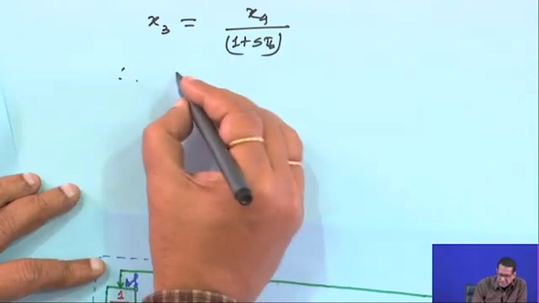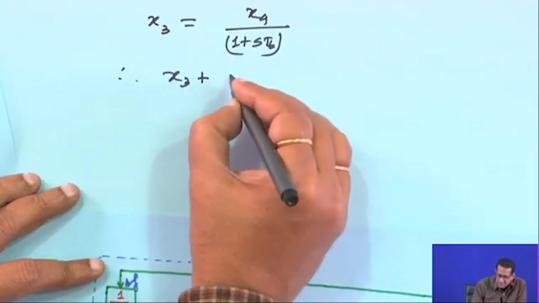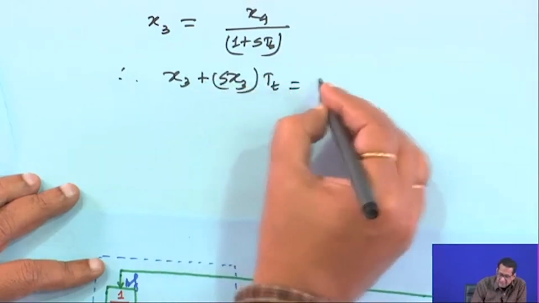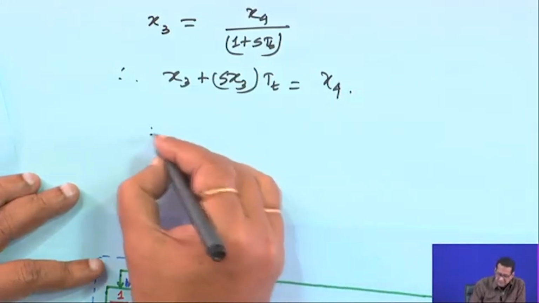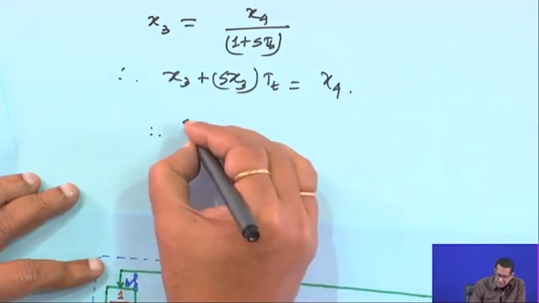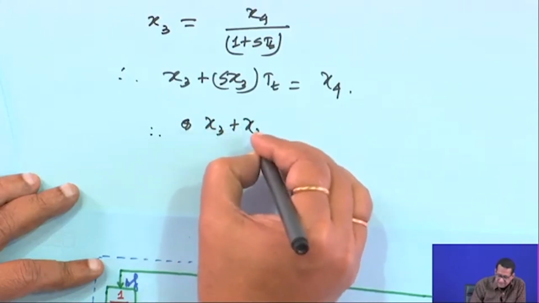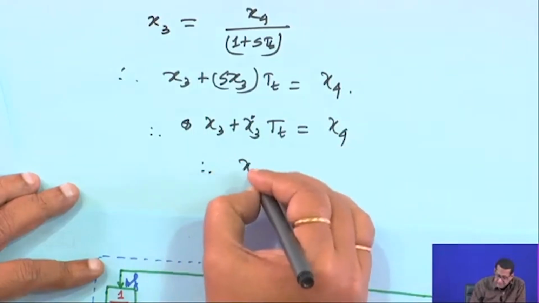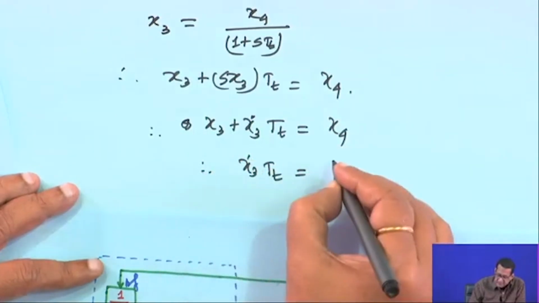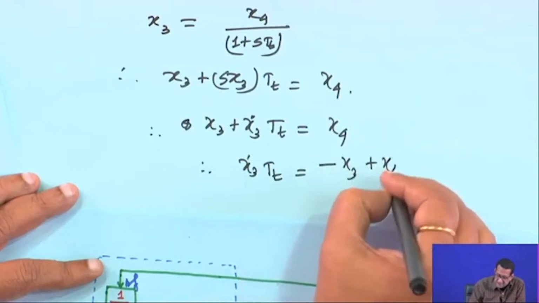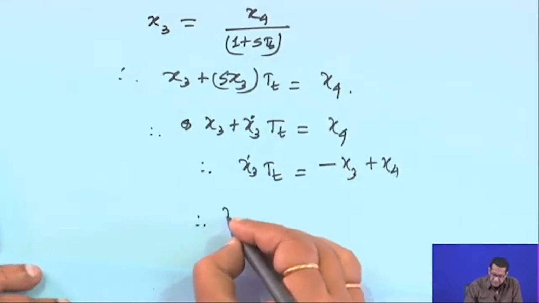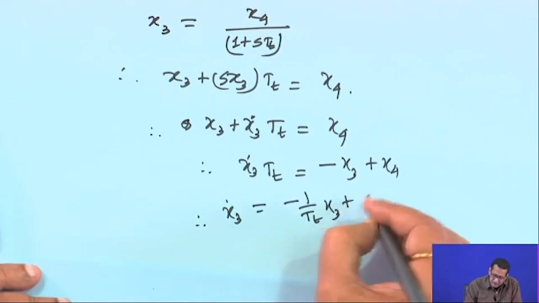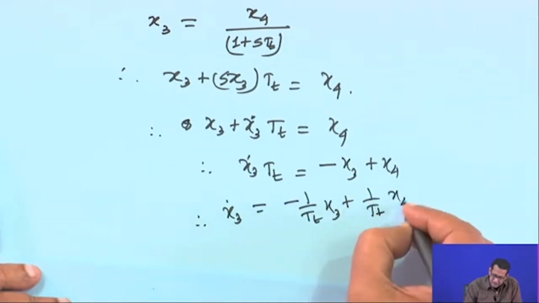Then go for cross multiplication again: x3 plus S x3 into Tt is equal to x4. S x3 is x3 dot, so x3 plus x3 dot Tt is equal to x4. That means x3 dot Tt is equal to minus x3 plus x4, so x3 dot is equal to minus 1 upon Tt x3 plus 1 upon Tt x4.